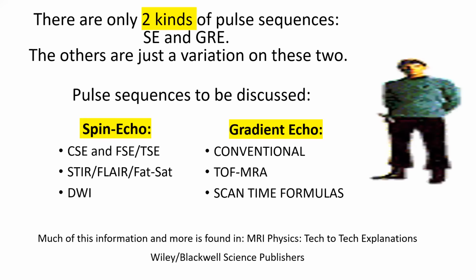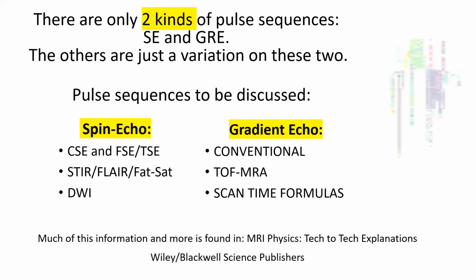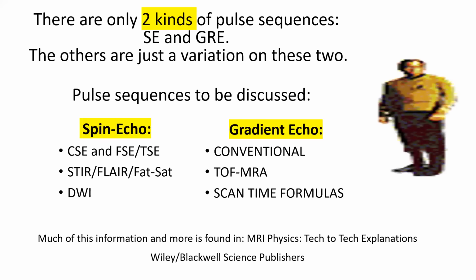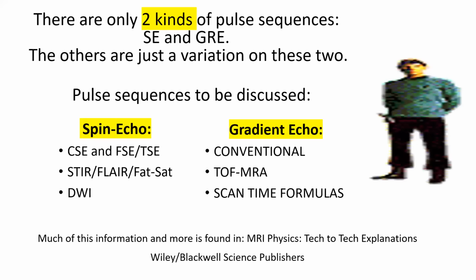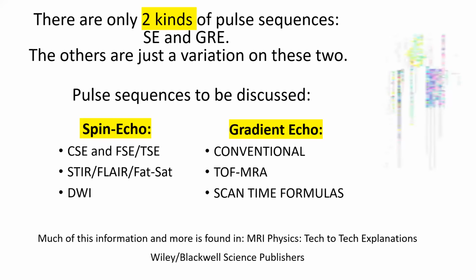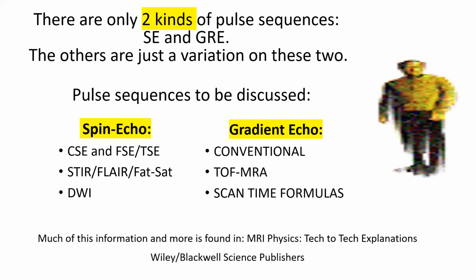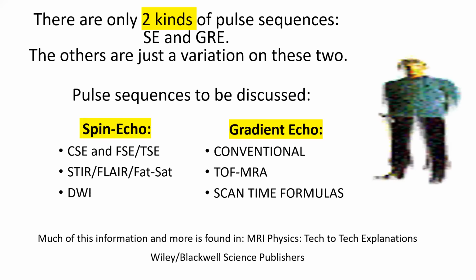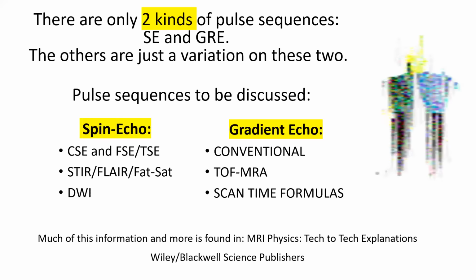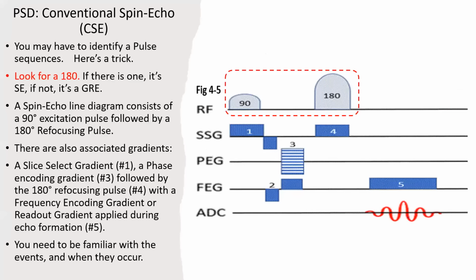So conventional spin echo, fast spin echo, STIR, FLAIR, DWI are spin echo based. Then you've got gradient echo, which is the conventional that you do, say, in the brain for looking for hemorrhage, time of flight, things like that. So there's really only 2 kinds of pulse sequences.